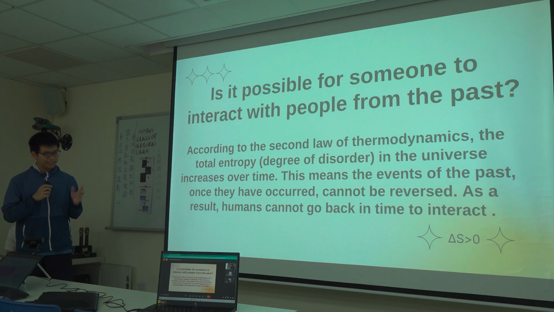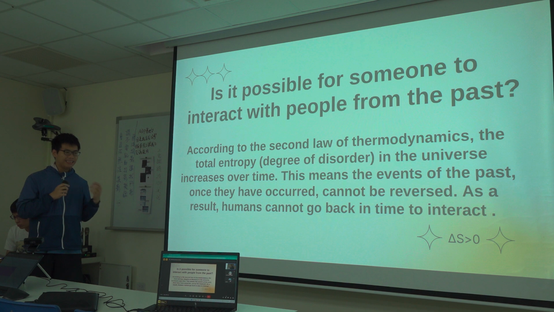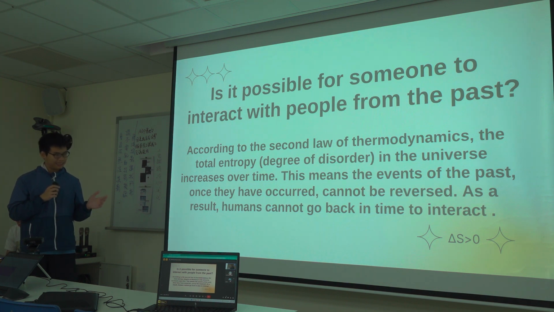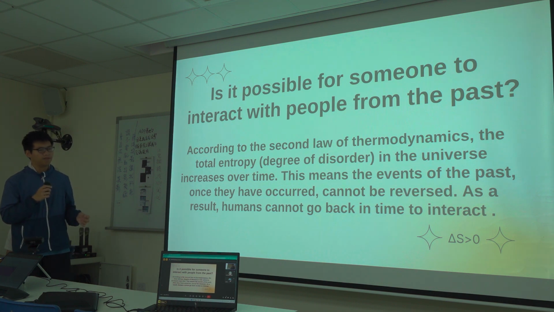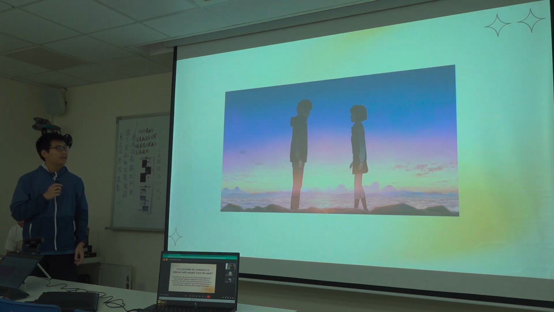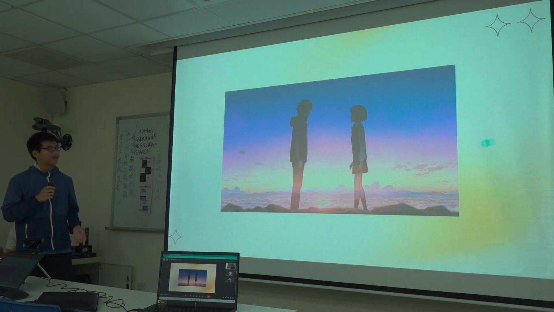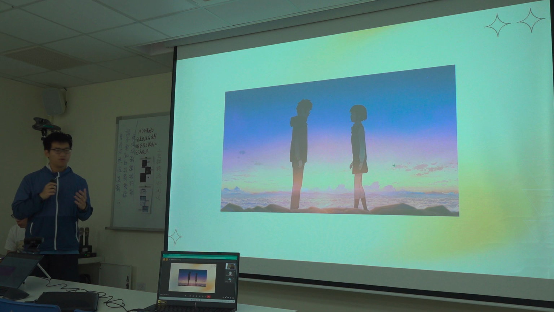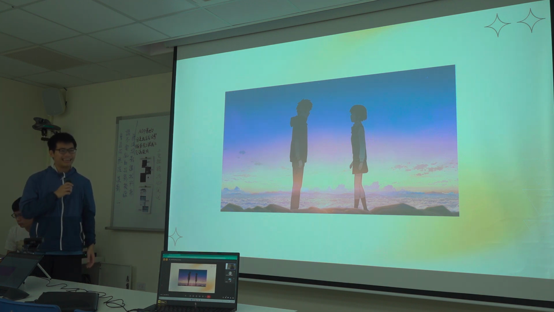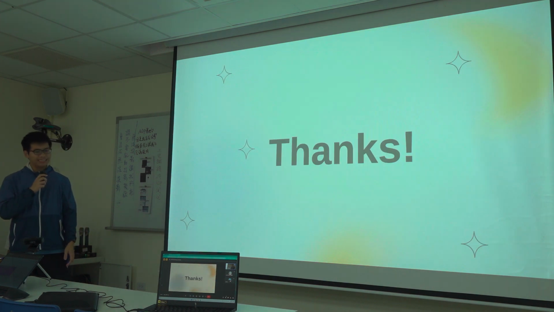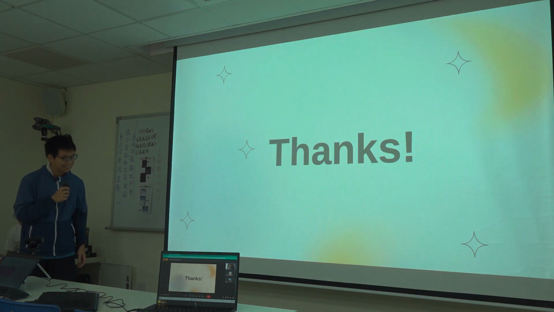But the time can be reversed. So in any time and everywhere, time can be reversed. So people can interact with people from the past. The next. So the people can whole body disappear in front of you. Okay, next. Thanks for everyone and thanks for attending.